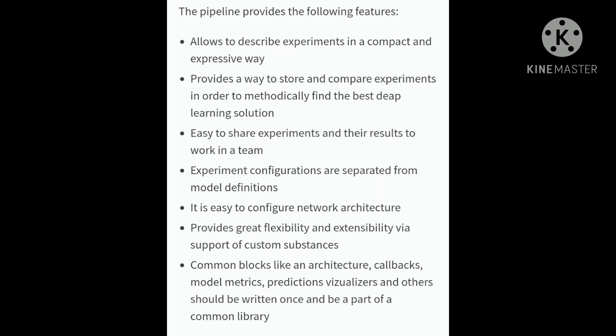Experiment configuration is separate from model definitions. It is easy to configure network architecture, and it provides great flexibility and extendability via support of custom modules. Common block-like architecture called block model matrix provides visual clarity, and others should be written once and be part of a common library.